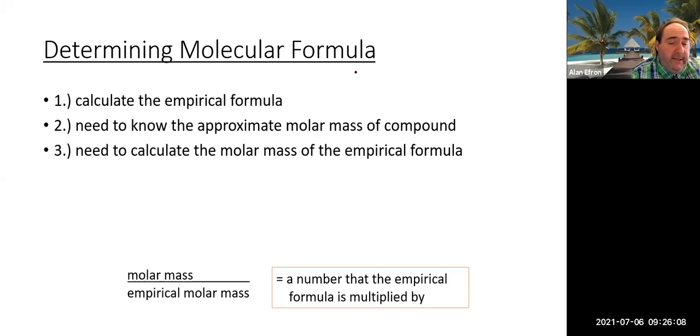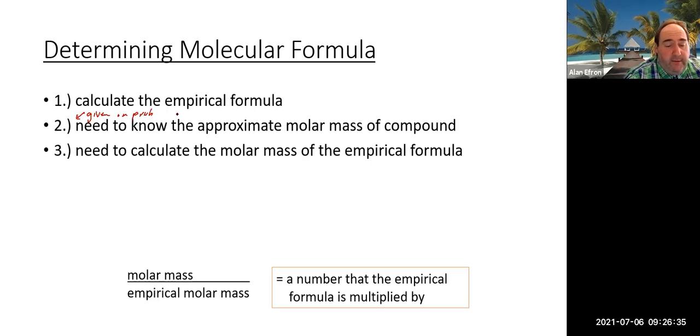You need the empirical formula, which could be given to you straight up in the problem, or you might have to calculate it. The other thing you need is the molar mass of the compound, and that is usually given to you in the problem.